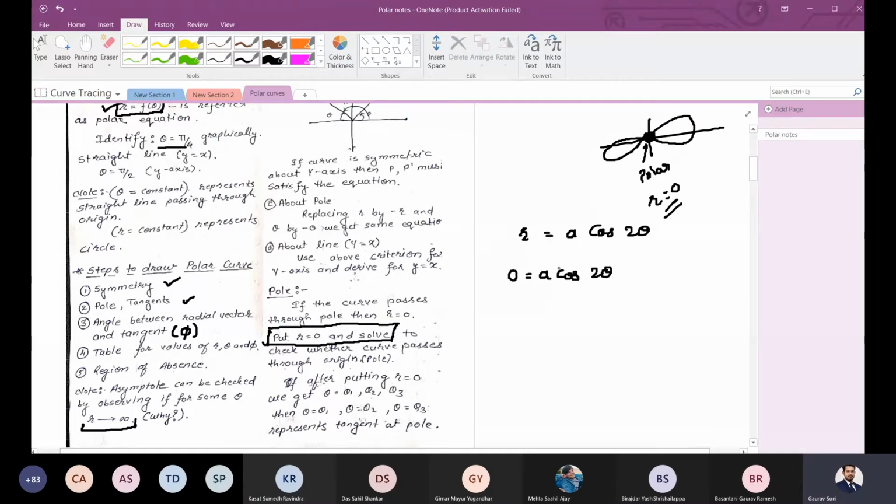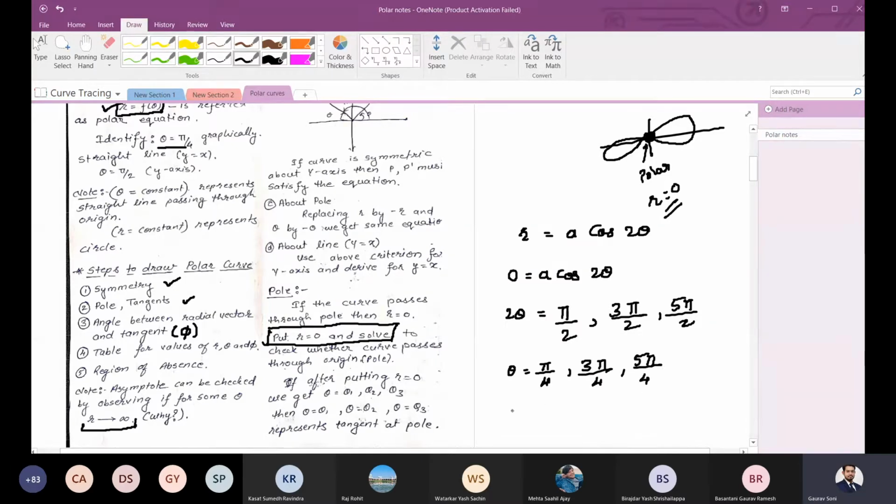Cos becomes 0 only when 2 theta is equal to pi by 2, 3 pi by 2, 5 pi by 2, odd multiples of pi by 2, right? So theta is equal to pi by 4, 3 pi by 4, 5 pi by 4.